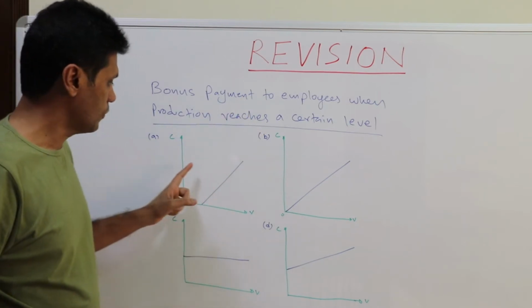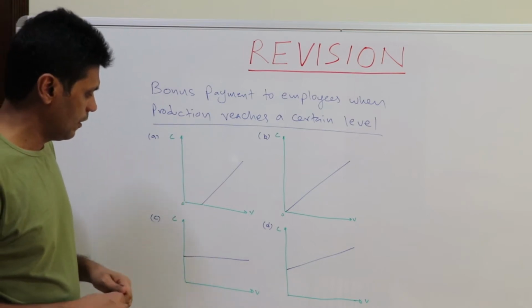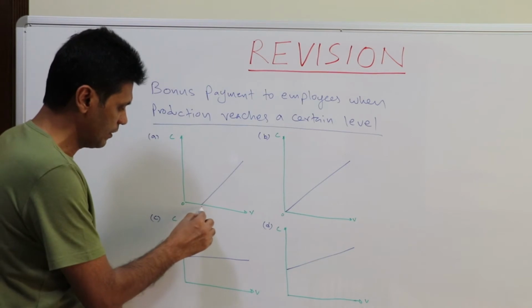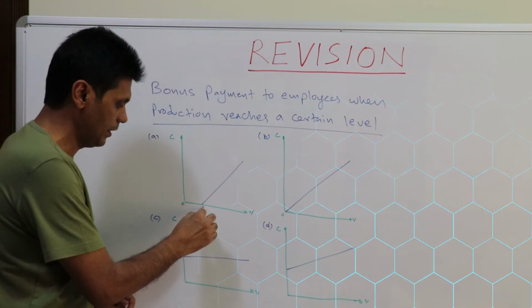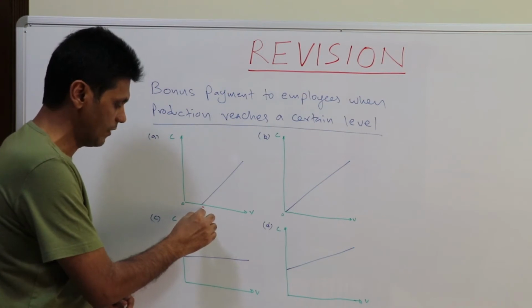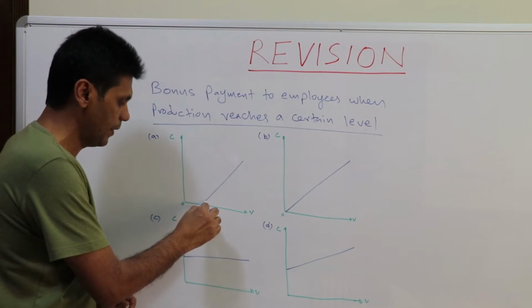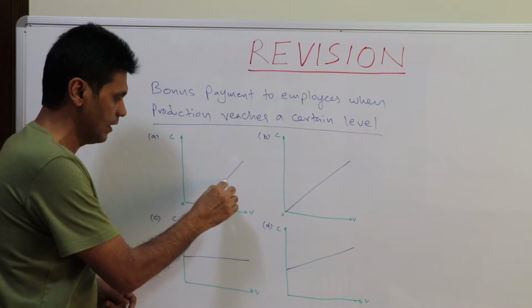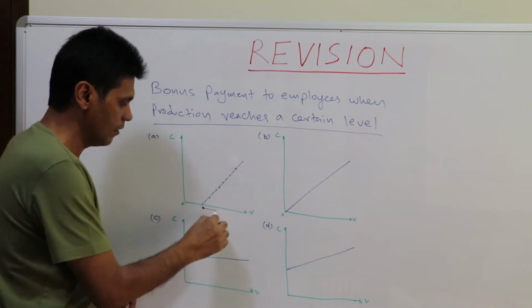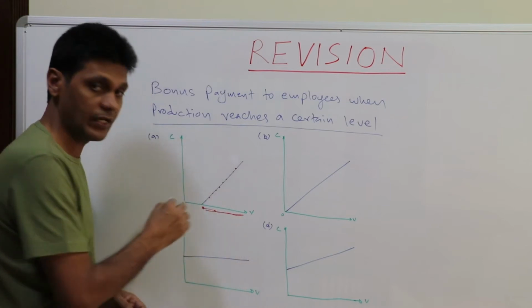Okay, so let's move on to the first graph. As you can see, when the activity level exceeds this point, there is a payment, and that varies depending on the activity level.